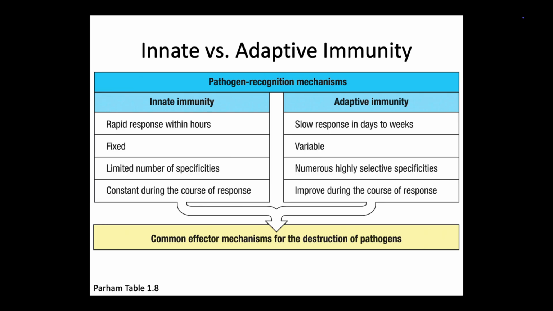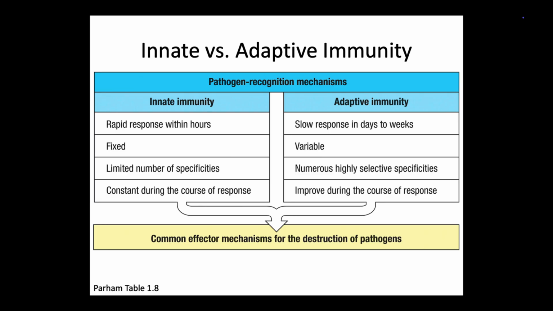I'm making up a number because we don't have an actual number, but it doesn't really matter for our purposes. Let's say 100 receptors in the innate immune system: an RNA virus one, a DNA virus one, and a gram-negative bacteria one. Make a list like that.